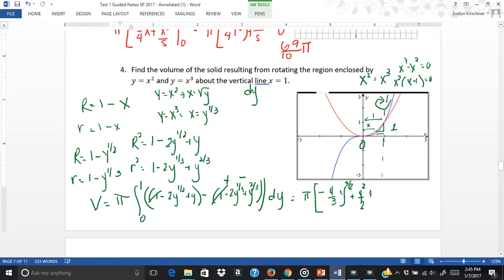Then I'm going to have plus, since I have y to the 1/3 here, 2 times 3/4, or 3/2, y to the 4/3, minus, and here I have y to the 2/3, so it's 3/5 y to the 5/3, and I integrate from 0 to 1. Well, if you plug in 1 and you plug in 0, you get the answer pi over 15. The hard part was figuring out your big R and your little r.